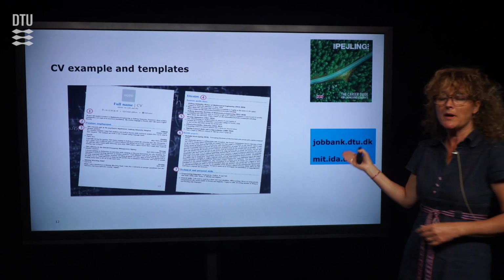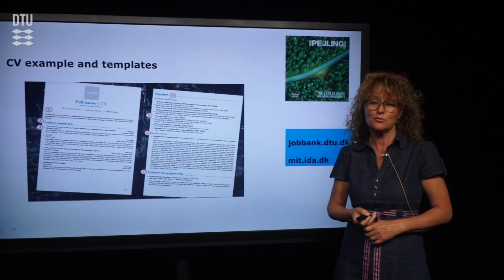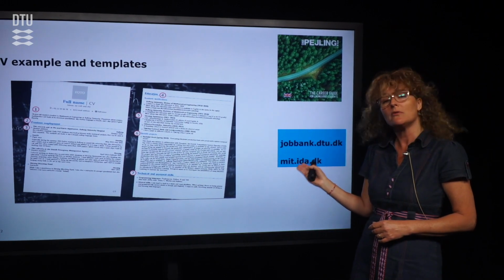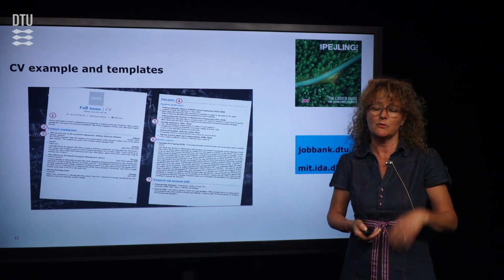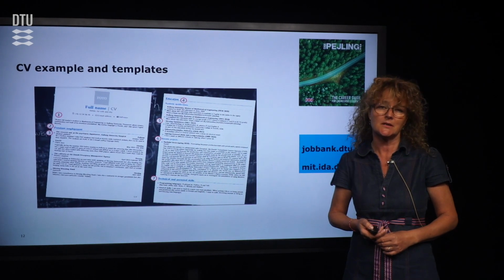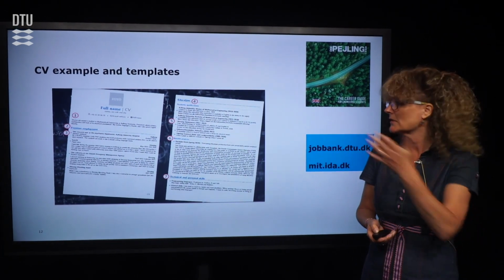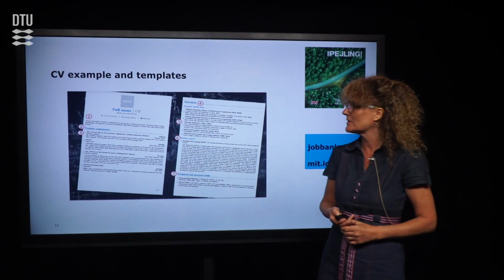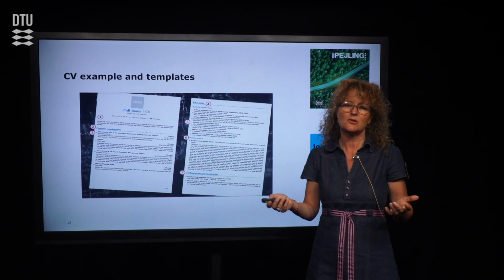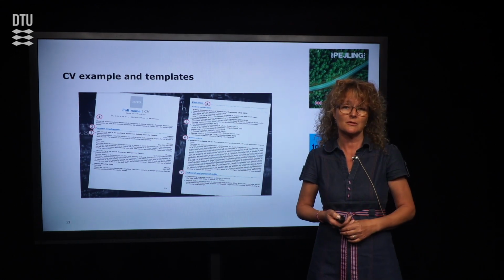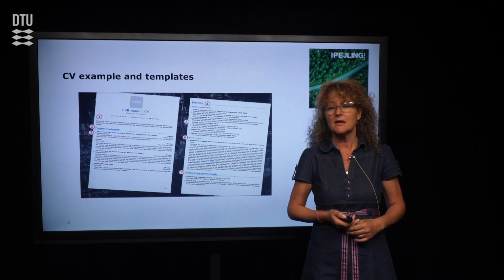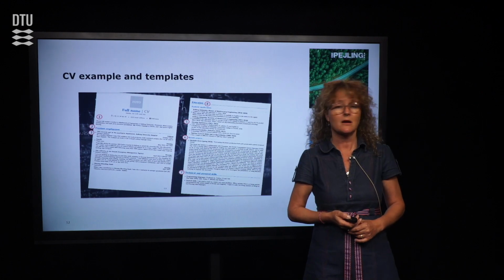The DTU Job Bank has a template that you can use. And if you're a member of IDA, they have a really nice template as well, which you find under the CV assistant. So here you can gain some interesting things. But why not ask your fellow students if you can have a look at his or her CV, get inspired, ask around.